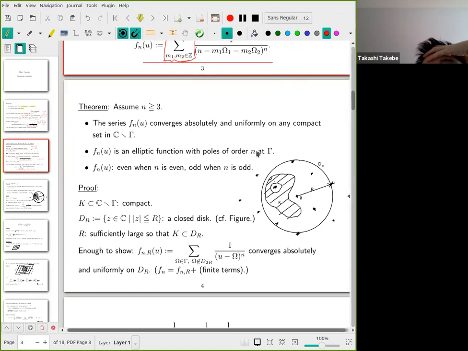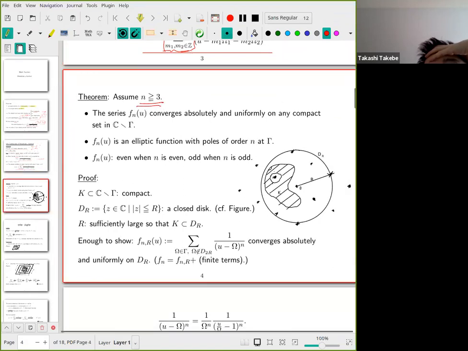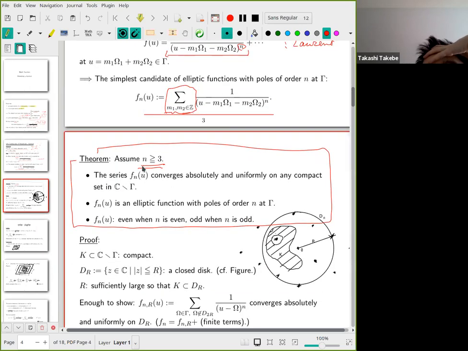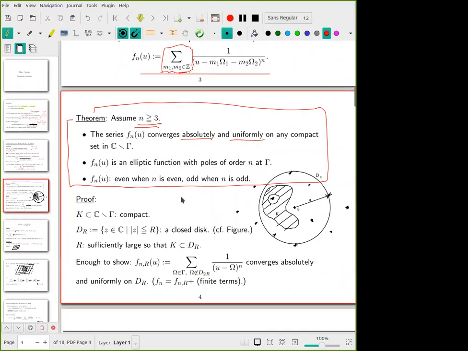Actually, it is true for n bigger than 2. The first theorem today is that for n bigger than 2, sorry, this series converges absolutely and uniformly on any compact set. Sorry, excuse me, Takashi. You mean that it should say 2?